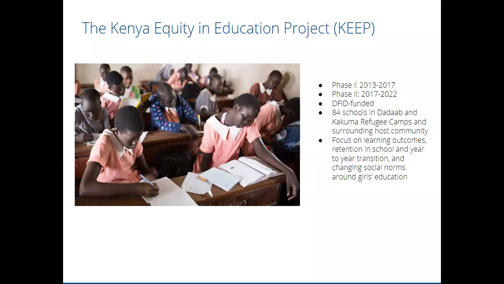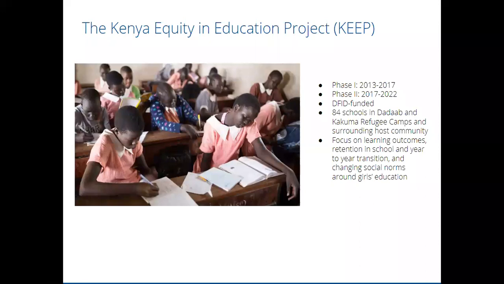And we focus on learning outcomes, so improvements to literacy and numeracy scores, retention in school, and ensuring that girls are transitioning from year to year, and also on sustainability. How we interpret sustainability in this challenging refugee and protracted humanitarian context is around changing social norms around girls' education.